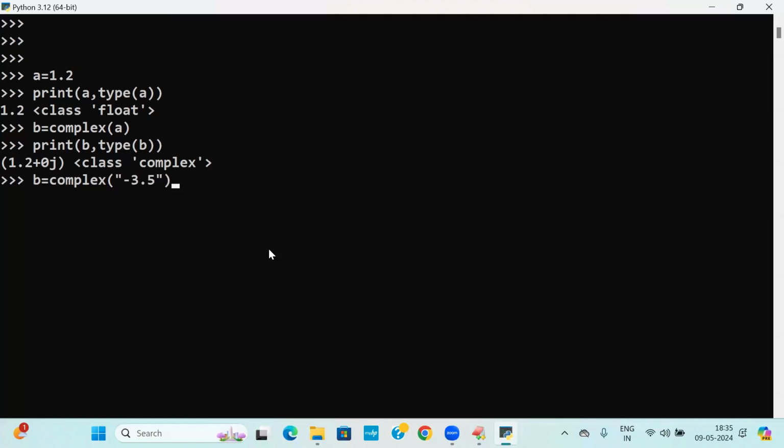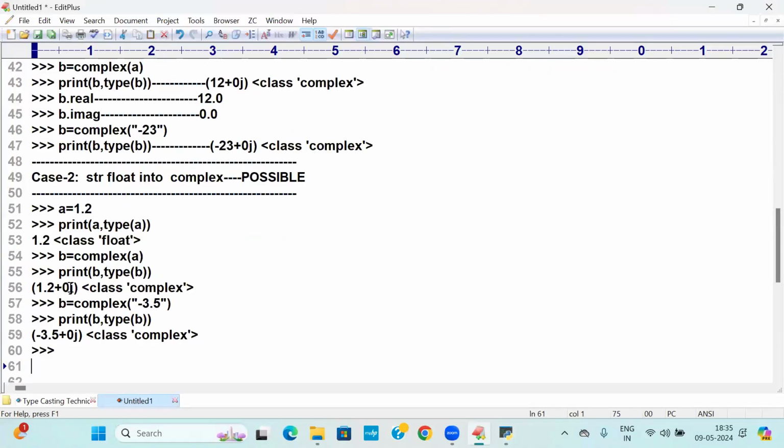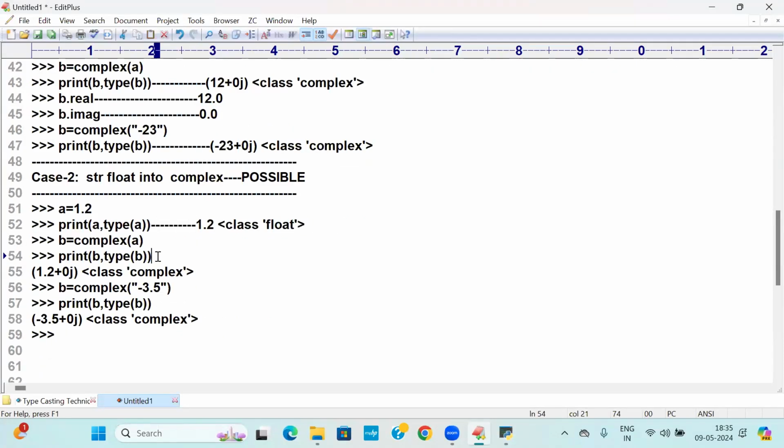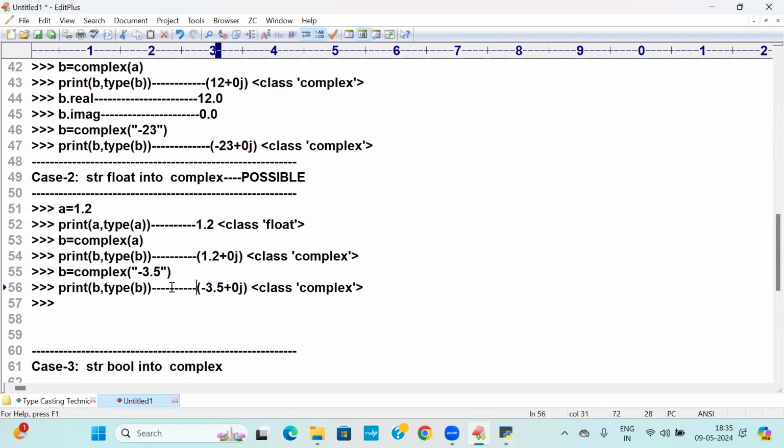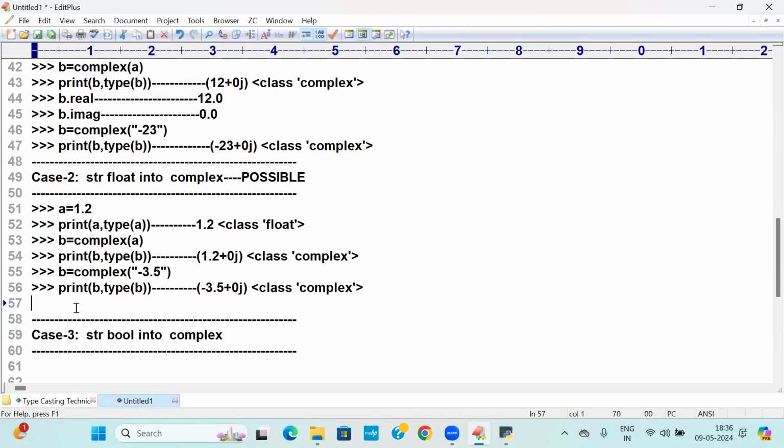Print of this B, and I got minus 3.5 plus 0j. Now I got the data here. Let us go back to this area. See, students, this is my data. Complex of this data. And this is the data we got.